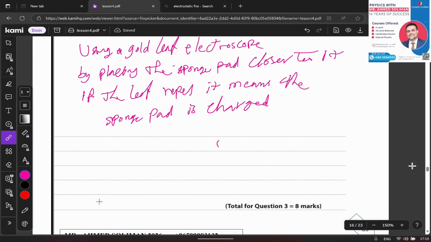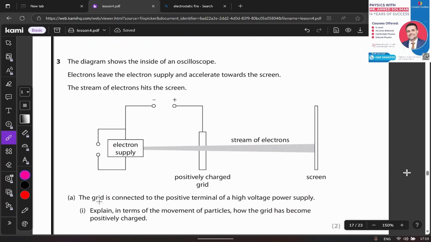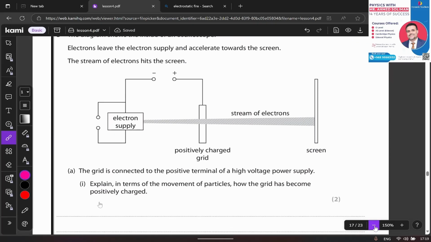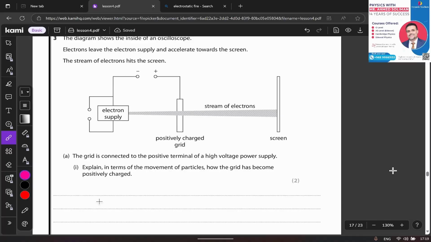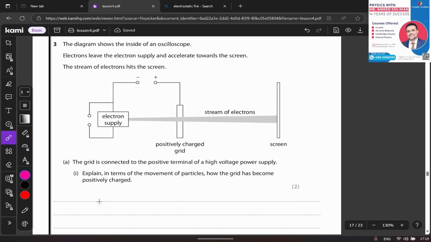Okay, Bara. Okay, now next. Bara, you can solve this also. The diagram shows the inside of an oscilloscope. Electrons leave the electron supply and accelerate towards the screen.